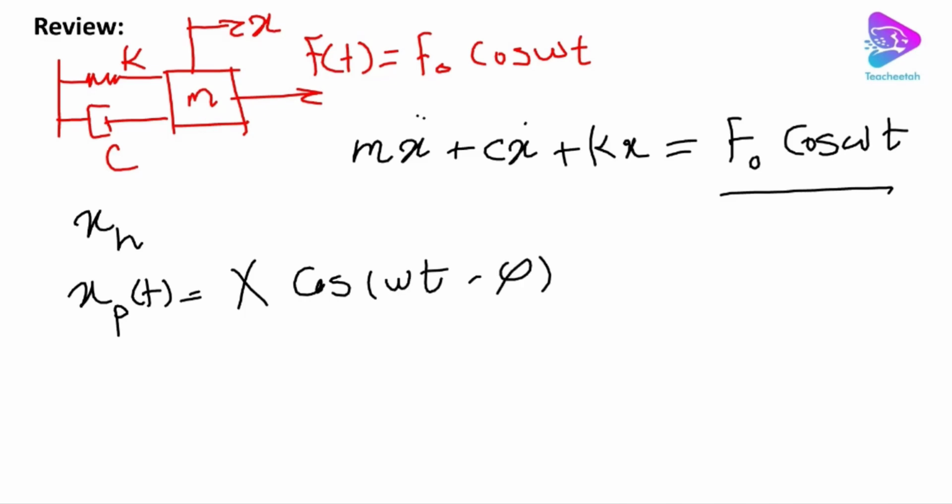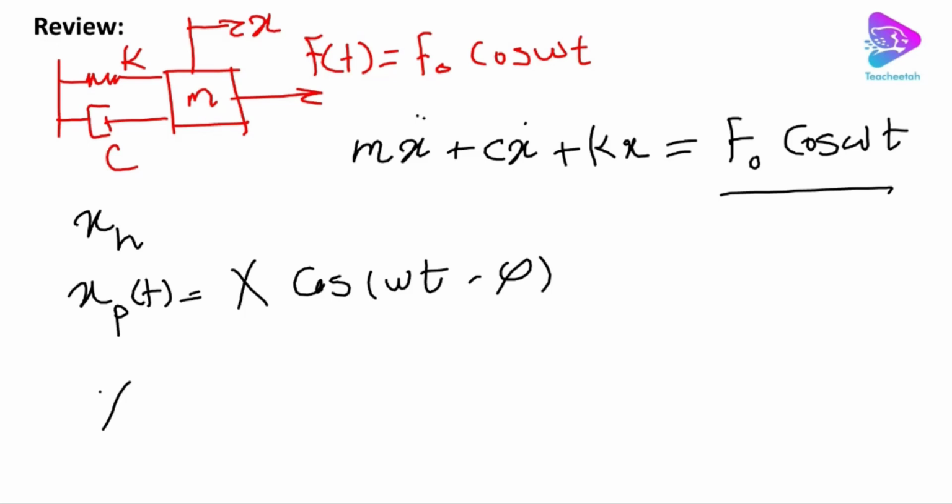In fact, the frequency of the particular solution is equal to the force frequency, and X is the amplitude that we need to find for the system. The particular solution is more important than the homogeneous response, because due to the damping, the homogeneous response dissipates or disappears after a while. So let's focus on the particular solution.